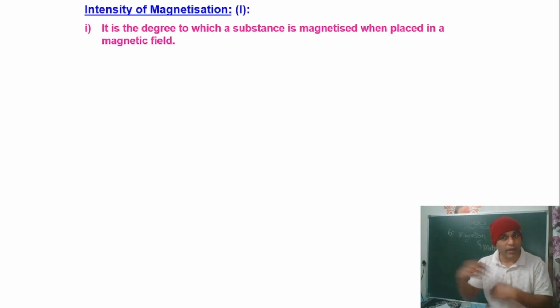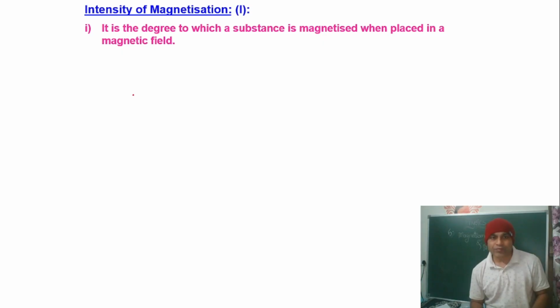If I am affecting the other person, that is my magnetic intensity. But if I am getting affected by the other person, that is my intensity of magnetization. Same here, how much the magnet can get affected is the intensity of magnetization of that material.